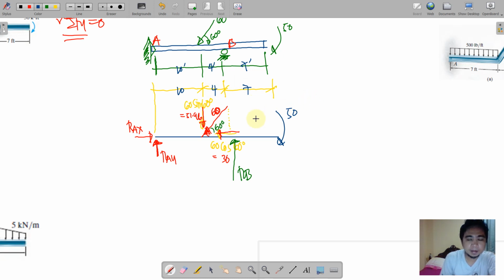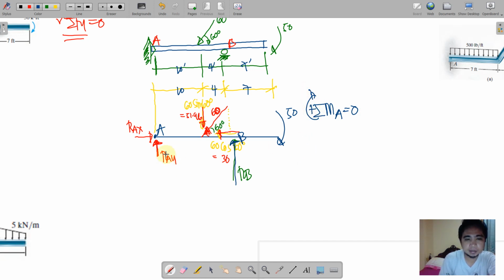So, normally, yun nga, may magkakaroon tayo ng check mechanism, and the check mechanism is just summation forces vertical or horizontal. But to ensure our reaction, of course, dapat mag-moment tayo at both support. So doing that, so if this is A and this is another support from B, we'll just have to take moments at A, then equate it to 0.